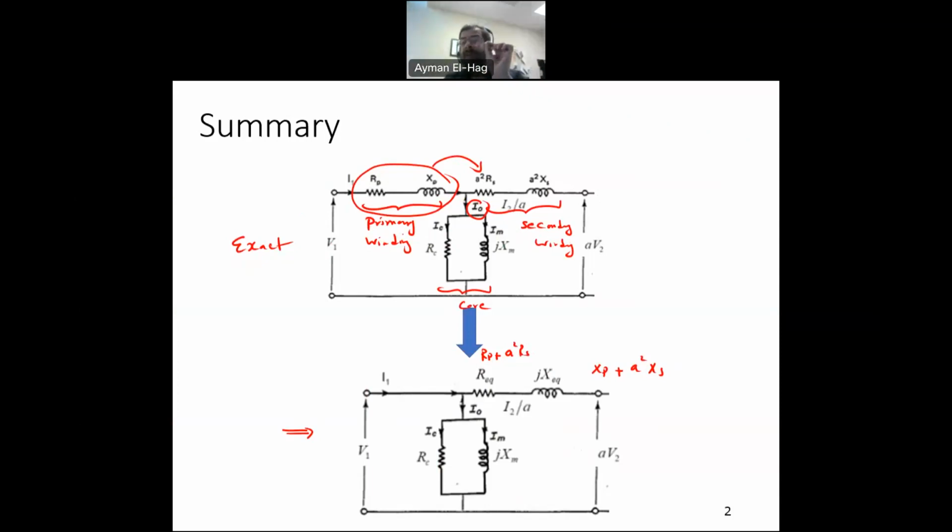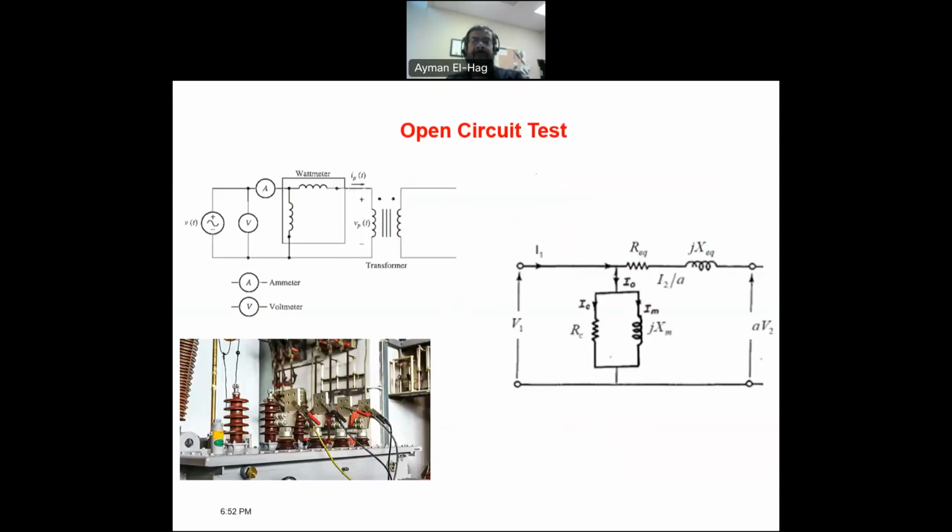But the most important justification for this reduced model, which was the first reduced model, is that this is the model that we can measure using two different tests, which are the no load test and the short circuit test, or the open circuit test and the short circuit test. That is the model that we can actually measure. So let's start with the open circuit test.